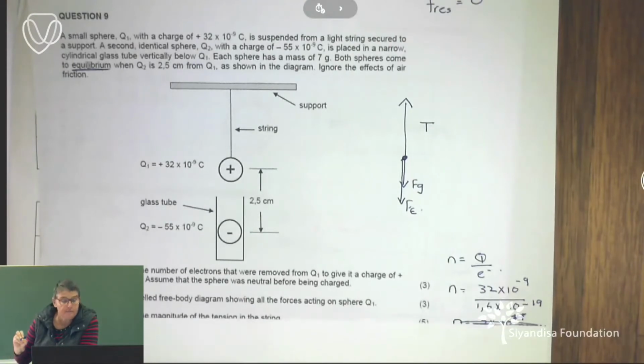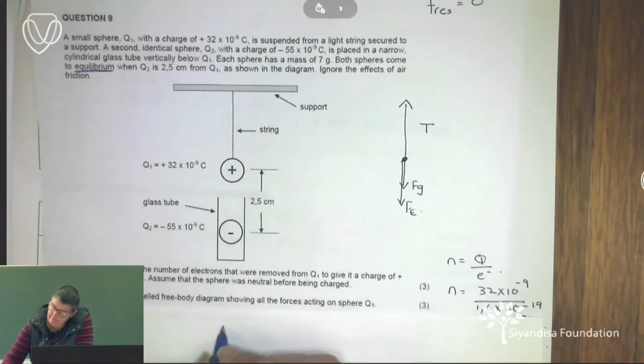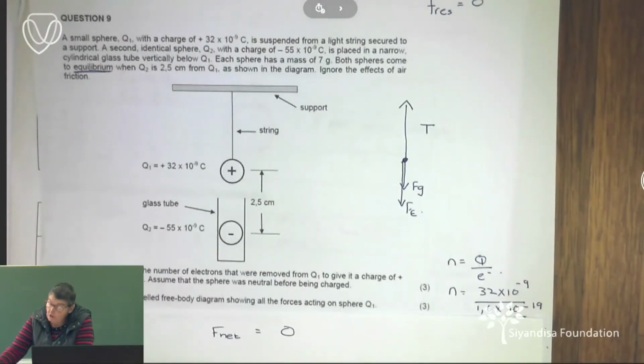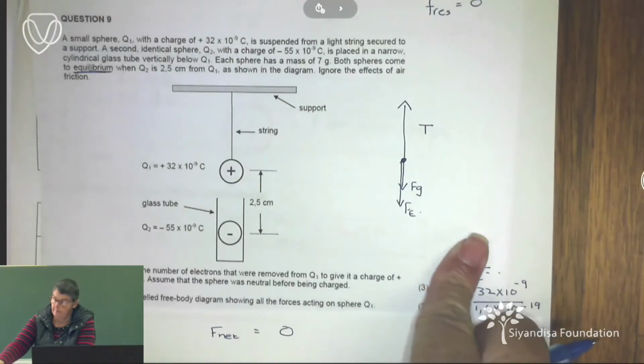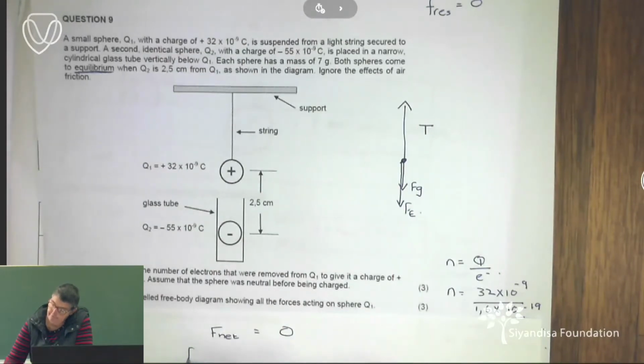I would have definitely started off by saying that F net or F resultant is equal to 0. Then I would have gone and said, okay, what are my forces now?